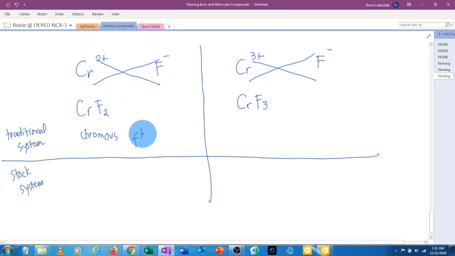So this is the root term, and then let's add IDE. So the name for this one is chromus fluoride. And for this one, since this has a higher charge, we will add the suffix "ic" to the root term of the metal. So, chromic. And then add IDE to the root term of the nonmetal. So, the name for this one is chromic fluoride.